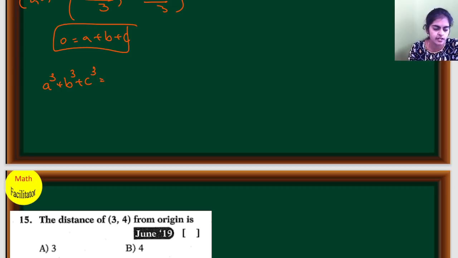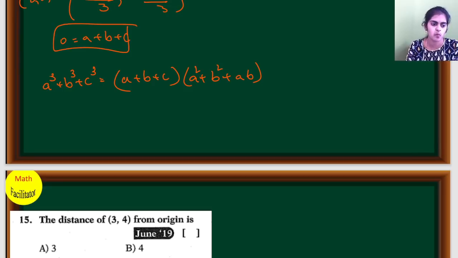A cube plus b cube plus c cube I can write as a plus b plus c into a square plus b square plus c square minus ab minus bc minus ca.